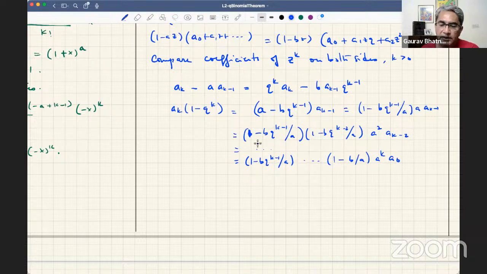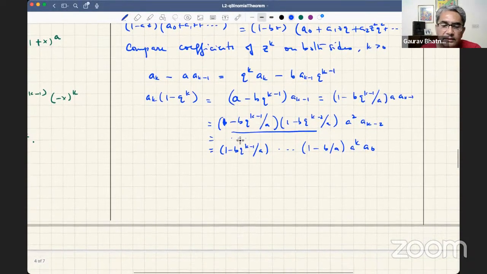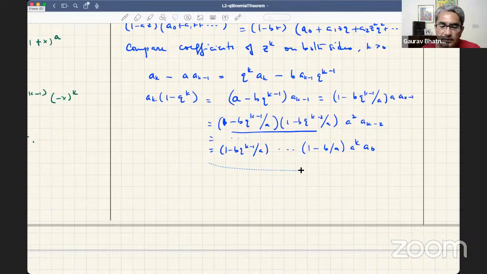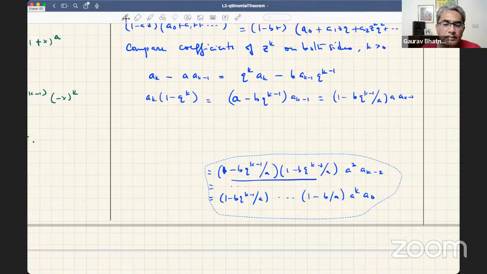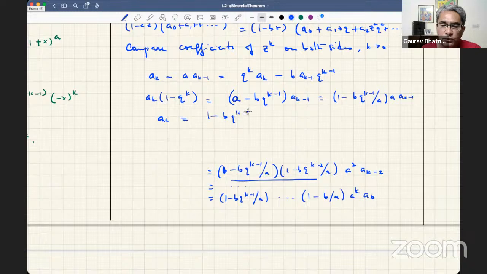And sorry, there is a denominator here. So I should say, hang on. So a_k is 1 minus b q to the k minus 1 over a divided by 1 minus q raised to k, times a times a_(k minus 1).